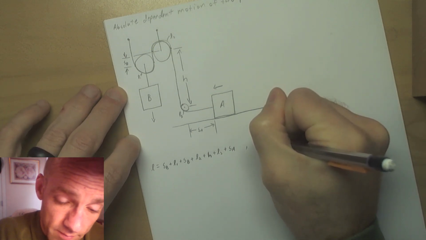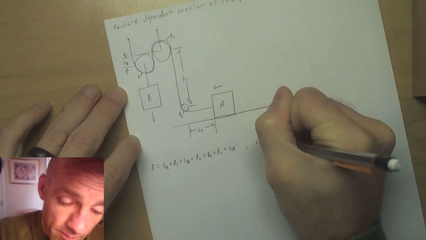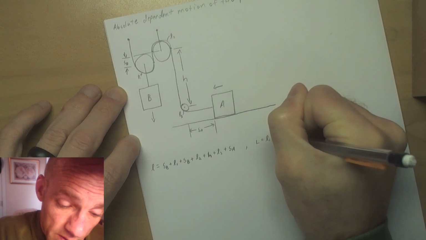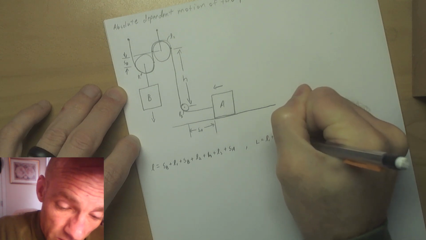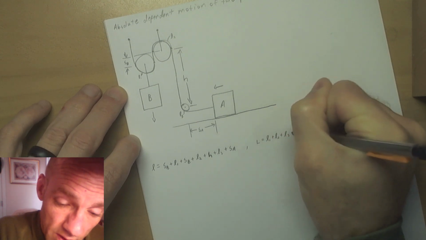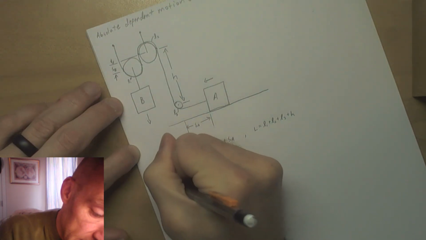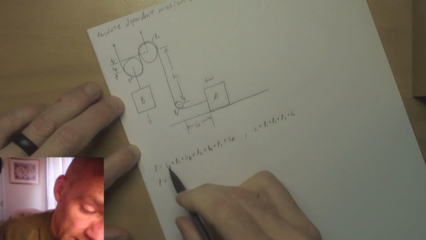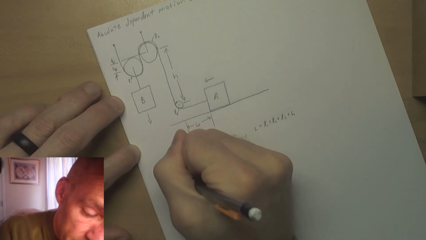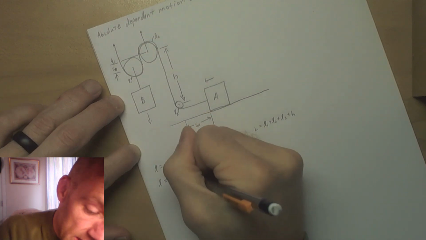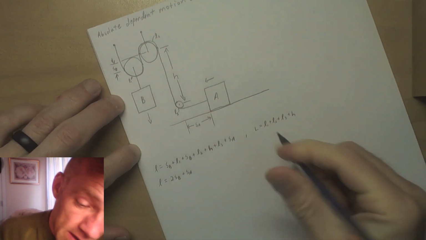We'll give that the letter big L, and we'll call that L1 plus L2 plus L3 plus H. That's just so we don't have to write all this stuff over and over again. So the length l equals 2SB plus SA plus L.